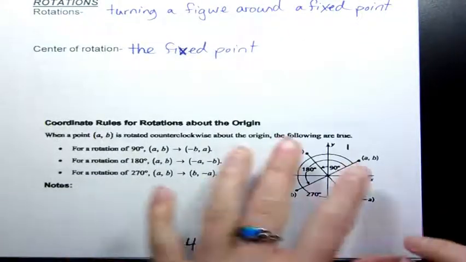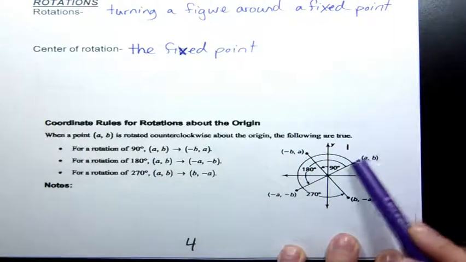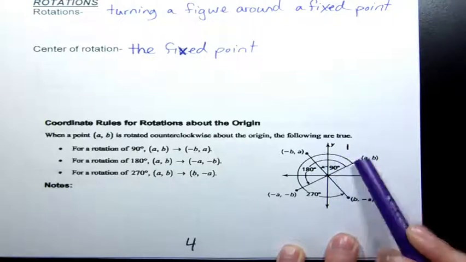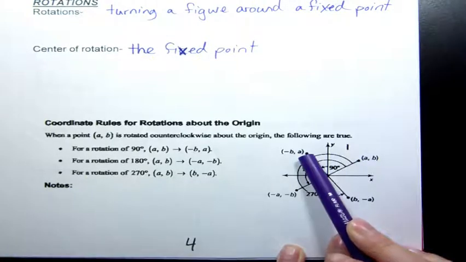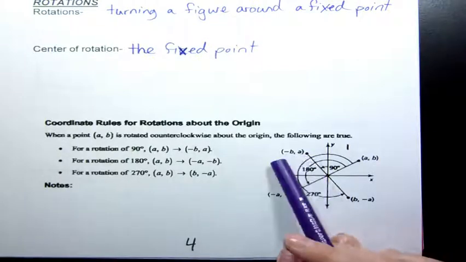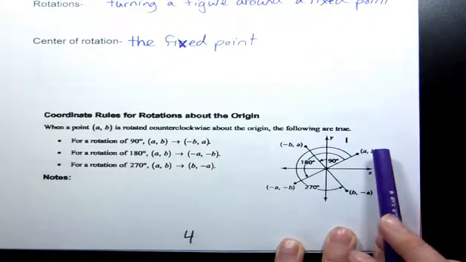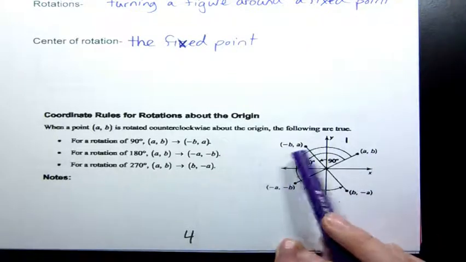If we're moving a point from this quadrant into this quadrant, it will rotate from A, B, we'll switch places, and it'll become negative B and A. So if I had 1, 2, it would become negative 2, 1.